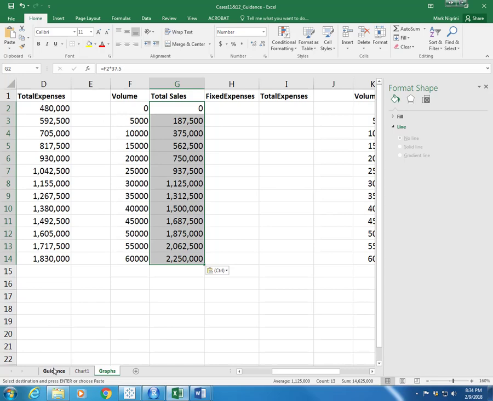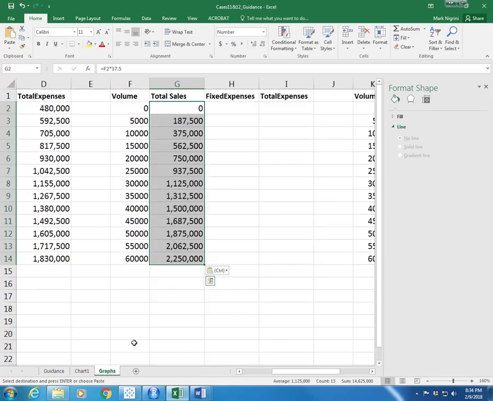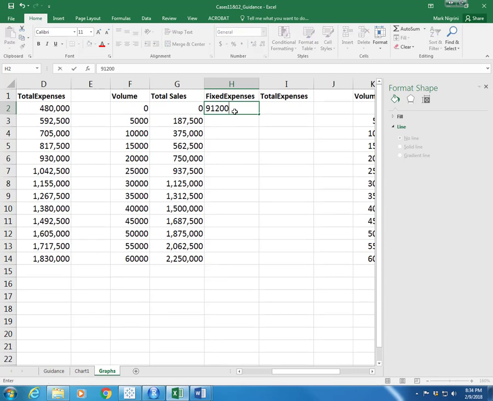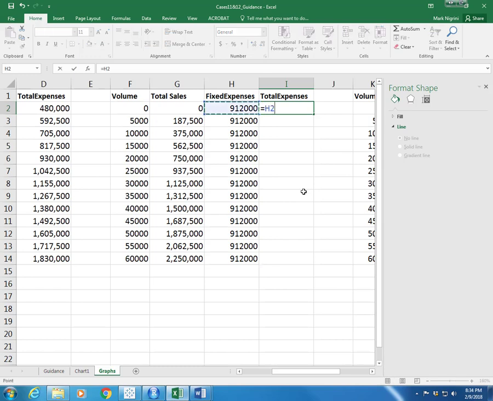So I need to refresh my memory over here. Fixed expenses 912. Fixed expenses per unit 13.5. So 912. $13.5 per unit means the total is fixed plus 13.5 times volume.